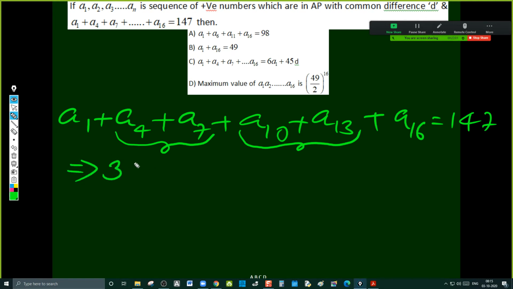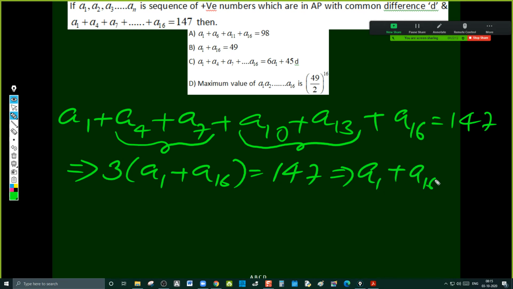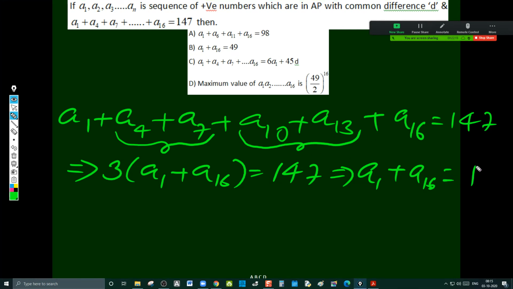Thrice of A1 plus A16 is equal to 147, implies A1 plus A16 is equal to 147 by 3, which is 49. So the first option is correct here, and the second option is also correct.